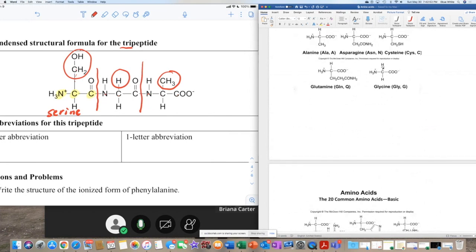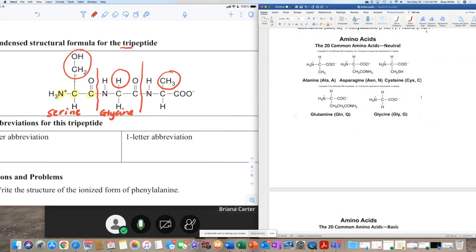Yeah, glycine has regular H, so this is glycine. Then this one here should be alanine. Alanine. I might rememorize this again. Nah. I will, but if I don't teach this class for another 3 years, I'll forget them all. So yeah, alanine right there.